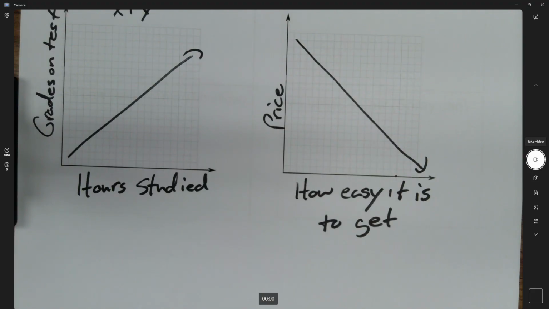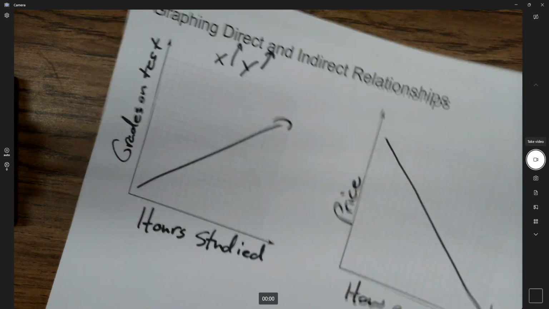Why? Because the demand for said laptop is greatly decreased. They're easier to get a hold of, therefore the price goes down. Indirect: as one goes up, the other goes down.